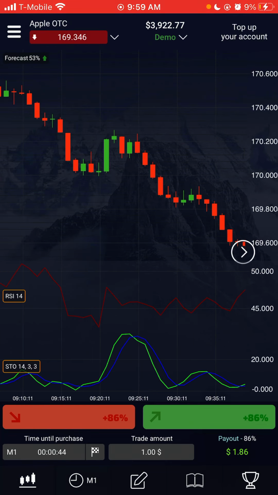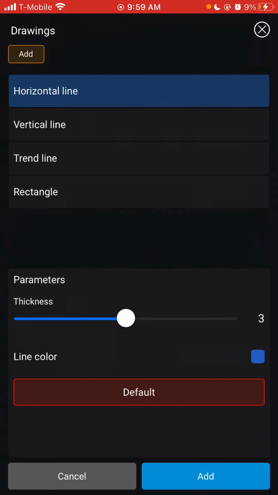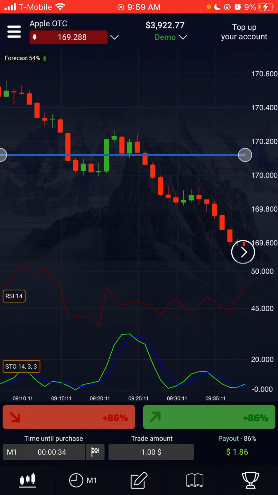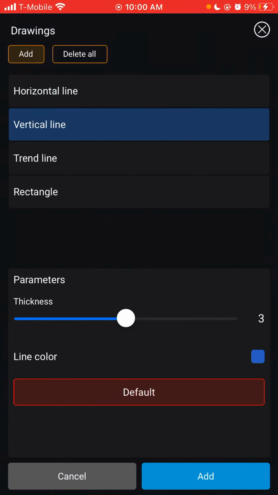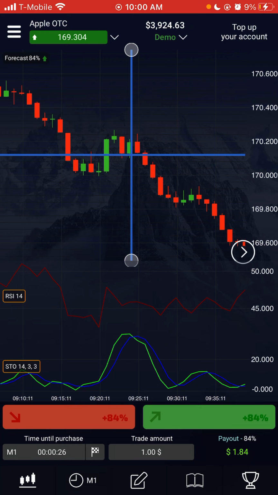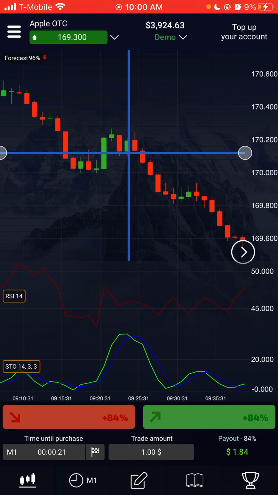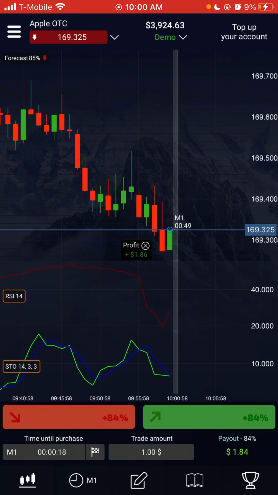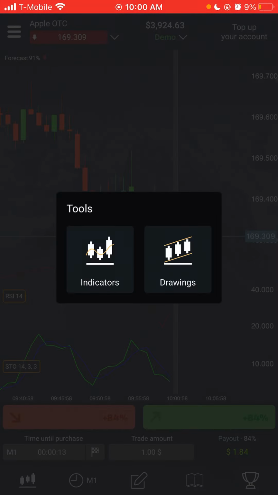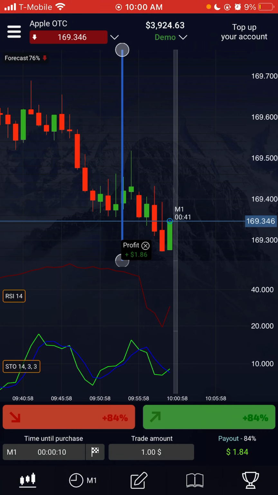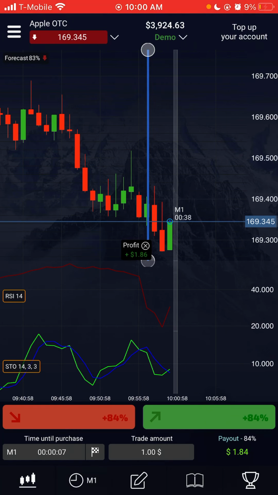Like, for example, these stochastic lines right here would have been crossing down below the 60 level, and you would have identified there were sales that took place right here. Yeah, so around that area right there, you would have identified that there were some sales that took place. So right here, we were still able to close in profit from an entry right about here.